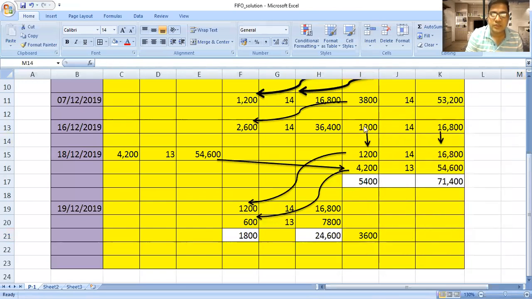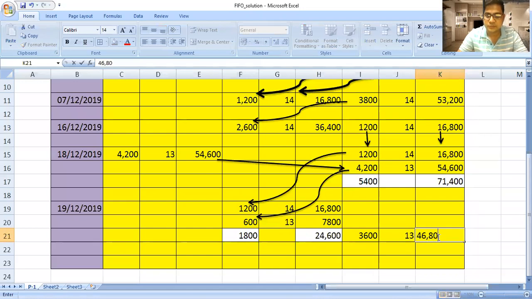Then their rate is the same 13 rupees, so 3,600 into 13 is 46,800. So see friends how we will write the answer.